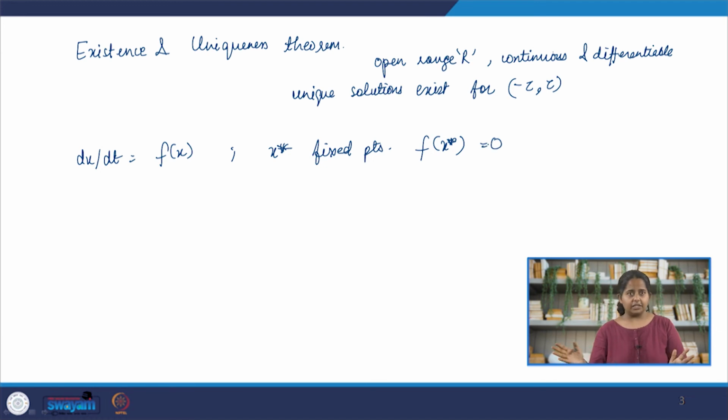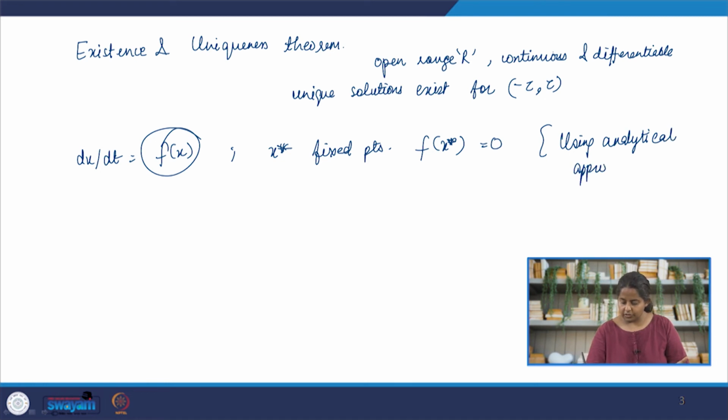That is when dx by dt becomes 0. So in this particular case, we are going to linearize the function f(x) around the fixed point x star. Now, to determine stability using the analytical approach, let me write it down here. Using the analytical approach, to find the stability of the fixed point.